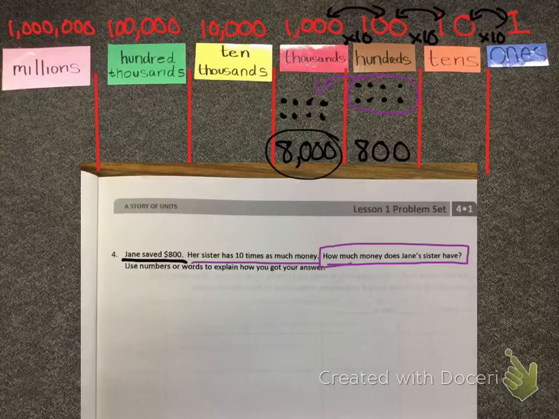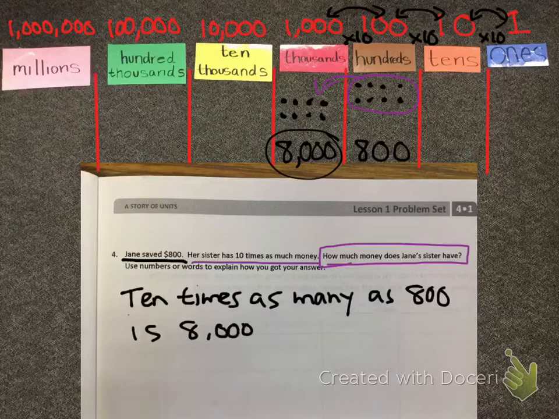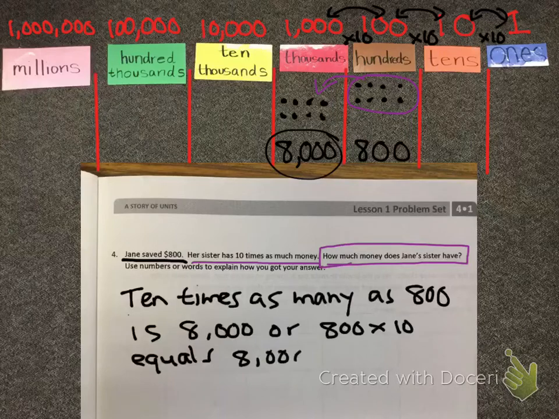10 times as many as 800 is 8,000. Or 800 times 10 equals 8,000.